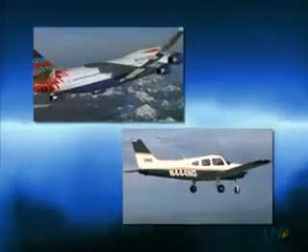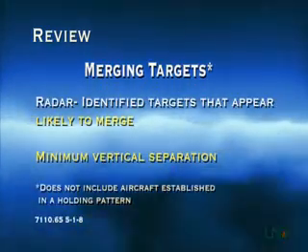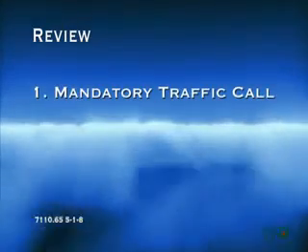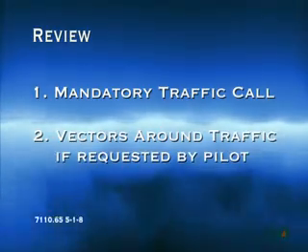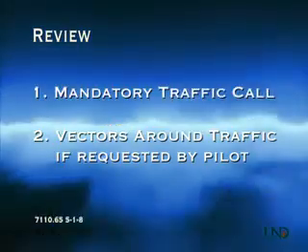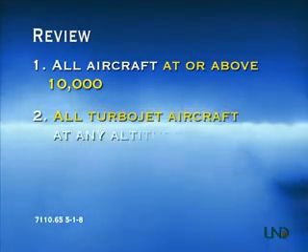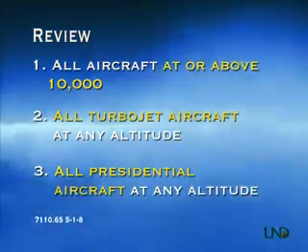Now for a quick review. Merging targets are defined as targets that appear likely to merge and are at the vertical separation minimum. Merging target procedures consist of two elements in the terminal radar environment: a mandatory traffic call and vectors if requested by the pilot. These procedures must be applied, unless the aircraft are established in a holding pattern, to the following types of radar-identified aircraft: all aircraft at or above 10,000 feet, all turbojet aircraft regardless of altitude, all presidential aircraft regardless of altitude.